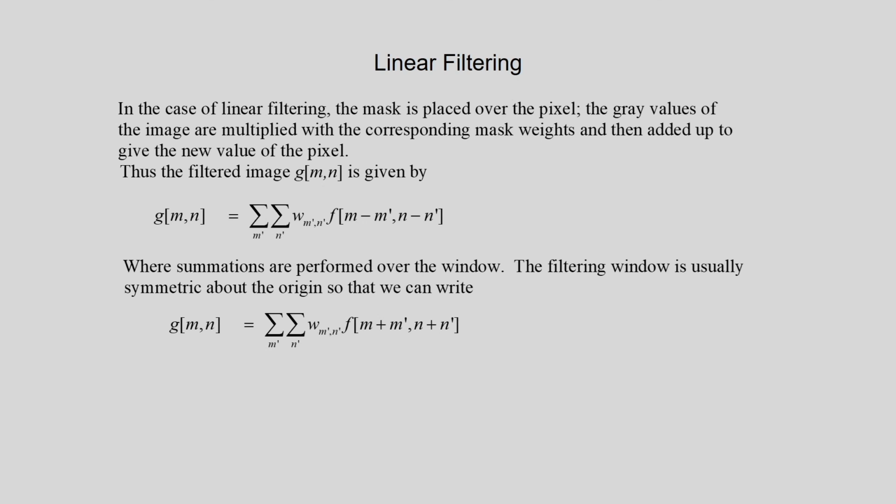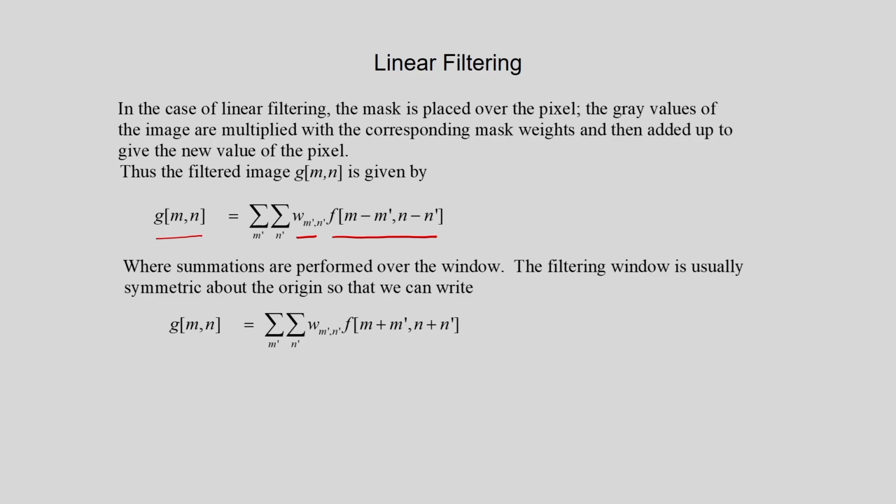If you see this expression here, g(m,n) is the output image, and I am considering the input image f(m,n), and I am considering the mask. The mask is given by w(m',n'). The summations are performed over the window.